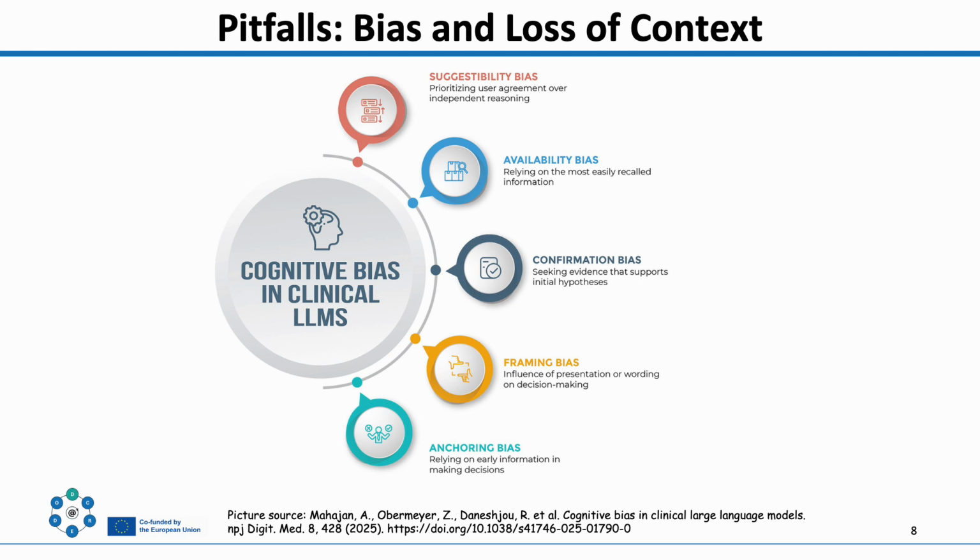Framing bias, which can affect LLM-enabled systems when the same clinical information presented in different ways leads to different model outputs. Anchoring bias, which can surface in LLM-enabled diagnosis when early input or output data becomes the LLM's cognitive anchor for subsequent reasoning.